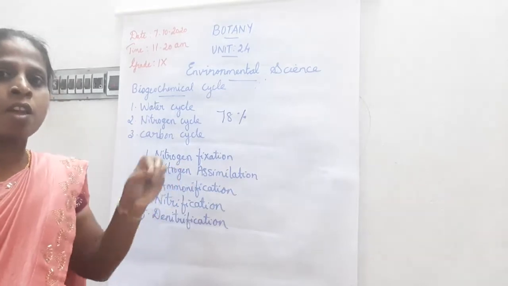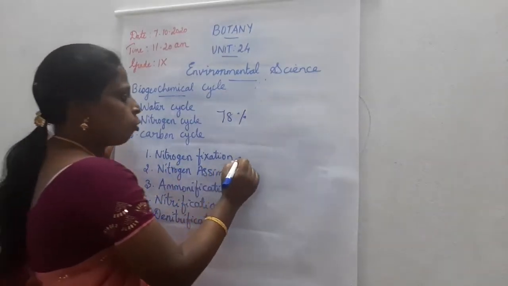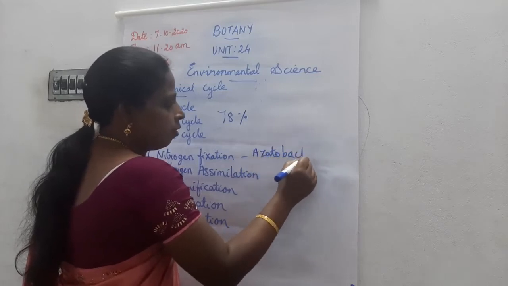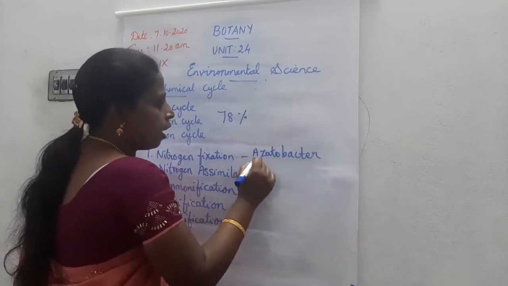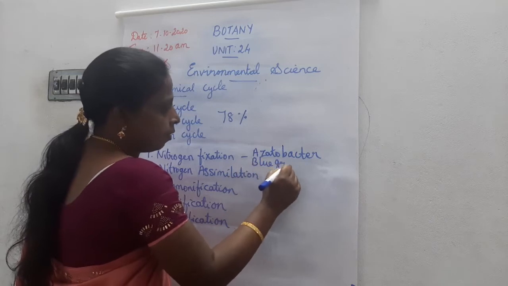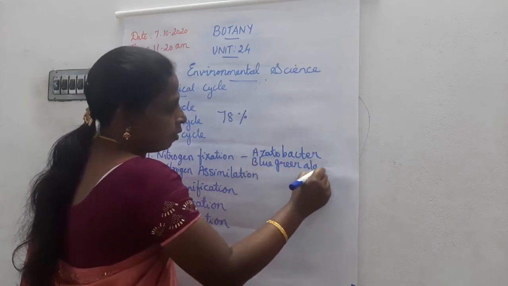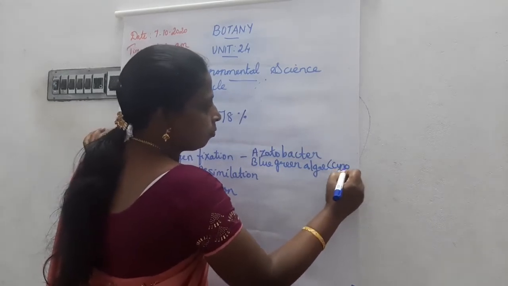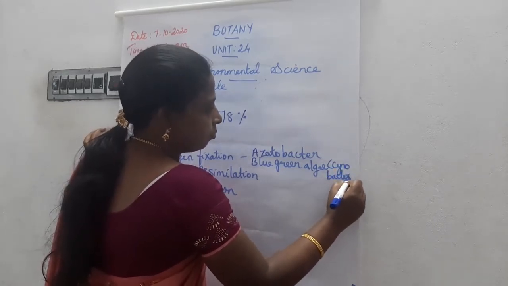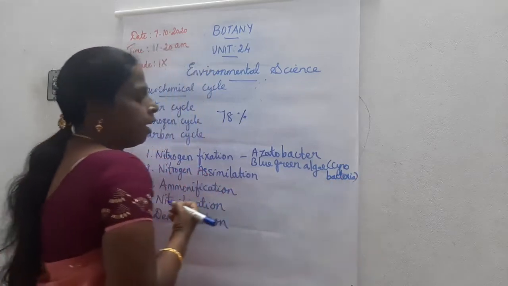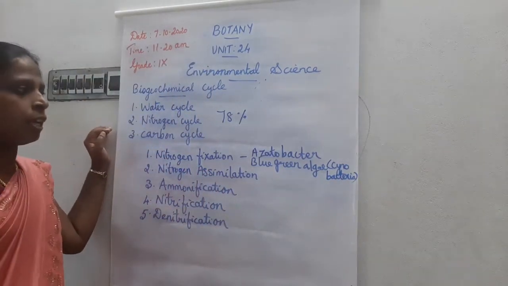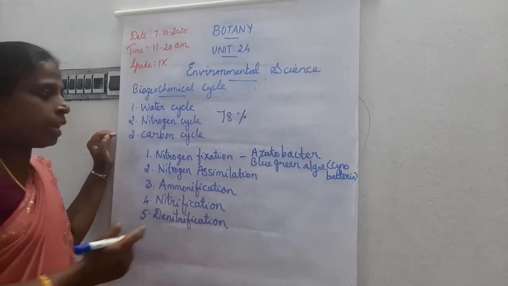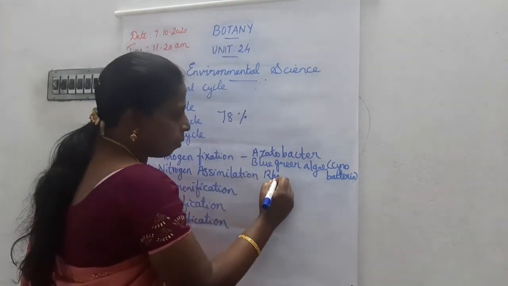That is the soil bacteria such as Azotobacter, the blue-green algae, cyanobacteria, and in the leguminous plants, the roots consist of nitrogen fixing bacteria, that is called Rhizobium.